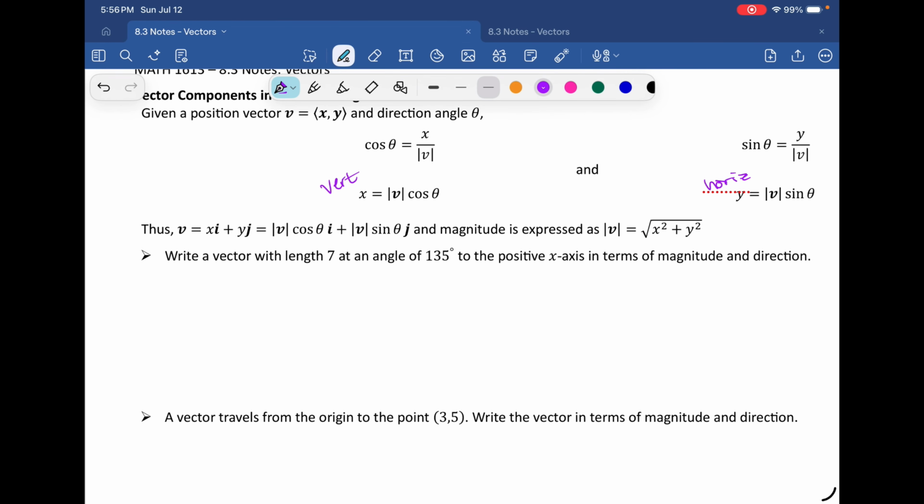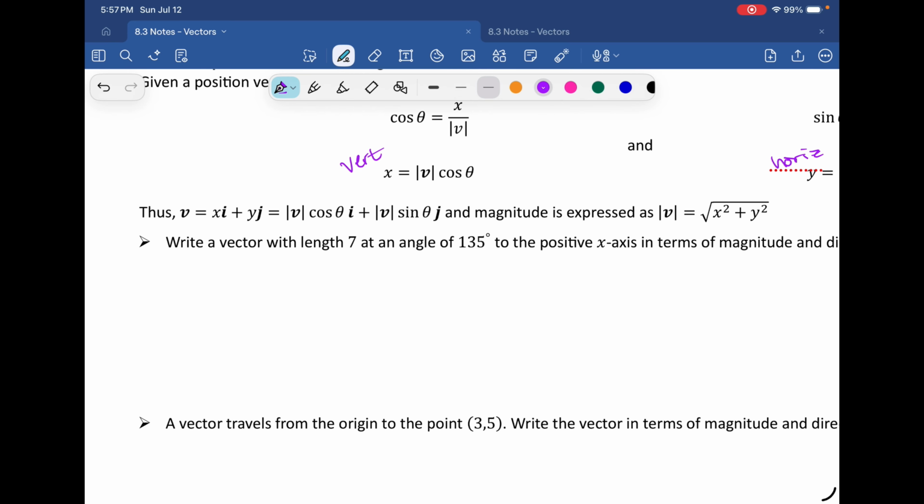All right, write a vector with length 7 at an angle of 135 degrees from the positive x-axis in terms of magnitude and direction. I know the magnitude, I know the direction angle, and I've got the ability to find x and y, because x is the magnitude times cosine 135, which is 7 times negative root 2 over 2.